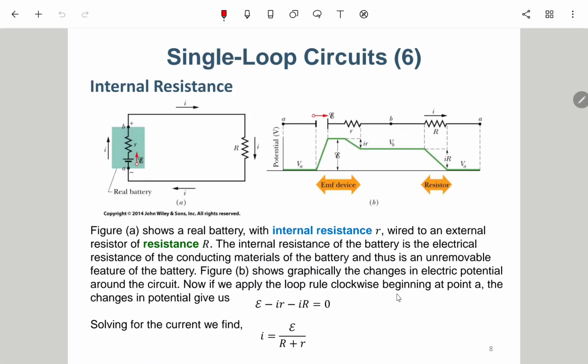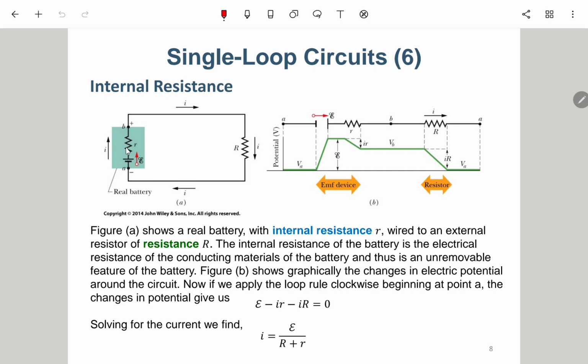Okay, so the next case is like this. We have a real battery here. So just as what I said, we have an ideal battery, an ideal EMF in series with an internal resistance. Although this internal resistance is usually small. Otherwise, if this resistor is large, then it will consume most of the power.